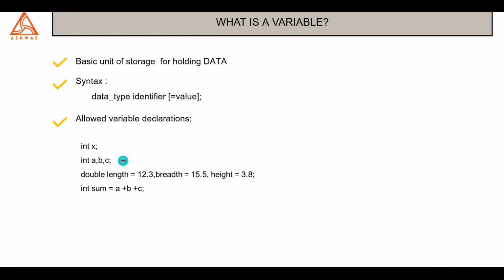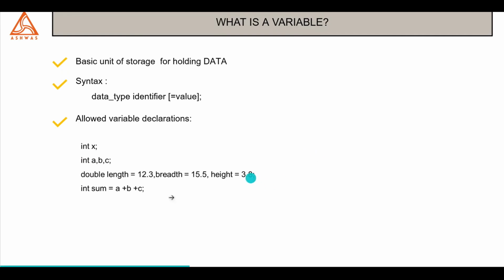This is allowed in Java or for that matter in any programming language. Next, I have a double data type and I have declared a variable, given it some initialization value, comma, another variable, some initialization value, comma, one more variable, some initialization value. So I can actually have n number of variables of the same data type declared and initialized on the same line, on the same code statement.